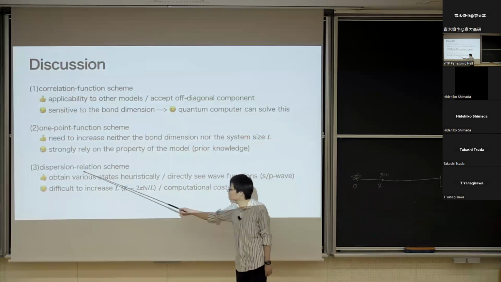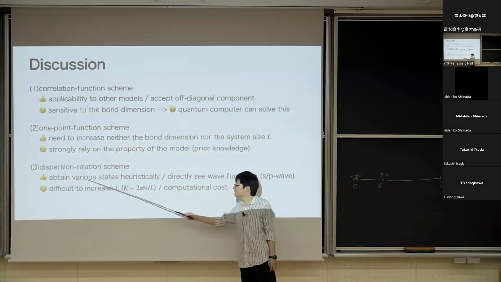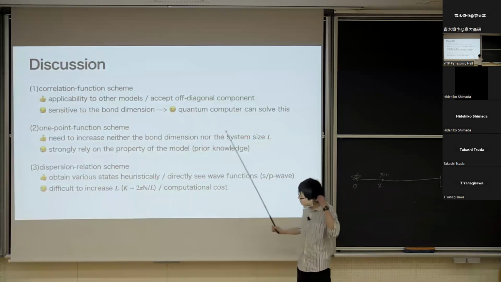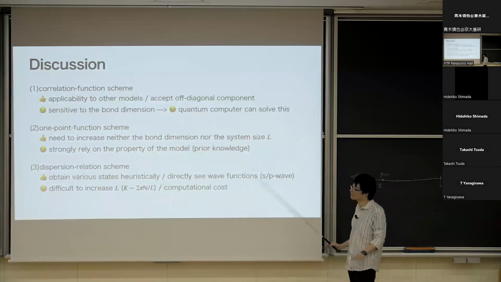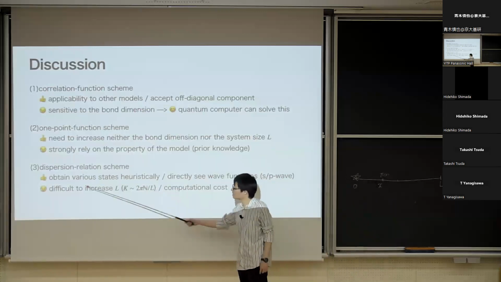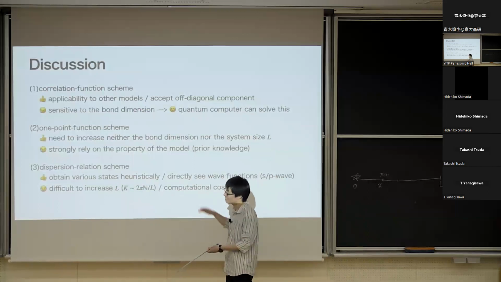And the third one, the dispersion relation scheme. We can obtain various states heuristically. I mean, in the above methods, we first specify the operator which corresponds to some meson and measure it. But in the third method, we don't need to know anything about the operator.